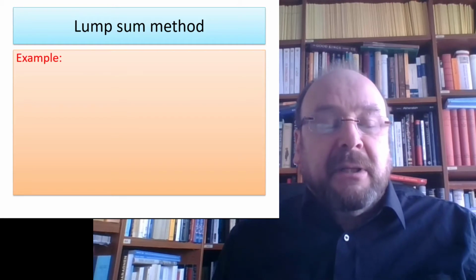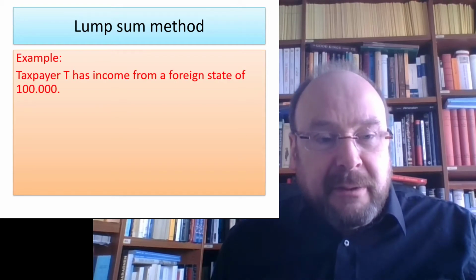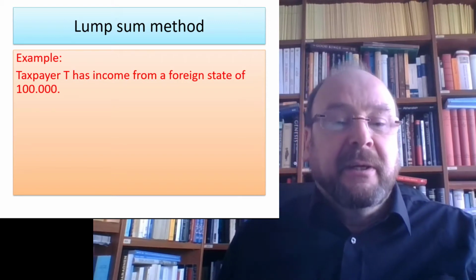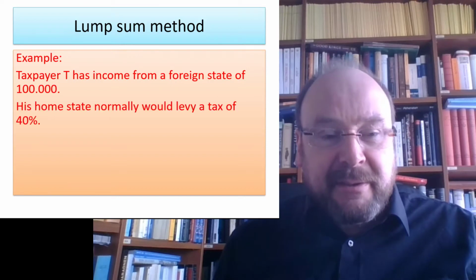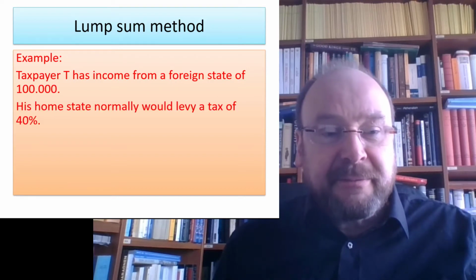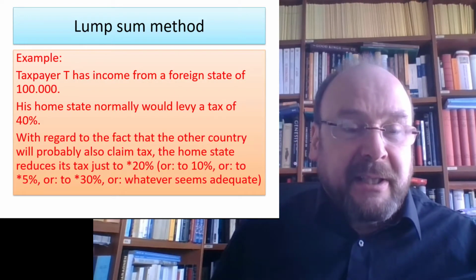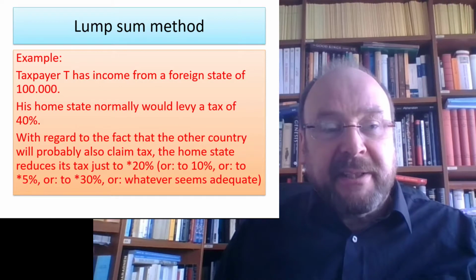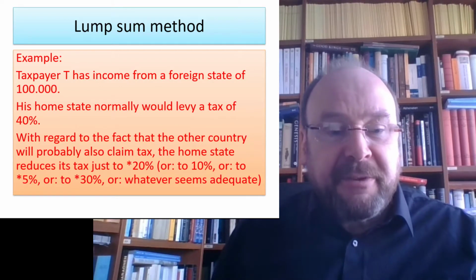Well, how can we get an idea of how that might work? Let's think about taxpayer T having foreign income from a foreign state of 100,000, and normally a tax rate of 40% would be due, so 40,000. Now T probably gets some nice offer from the state.